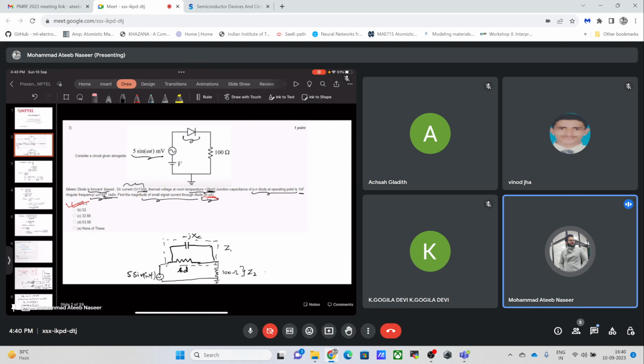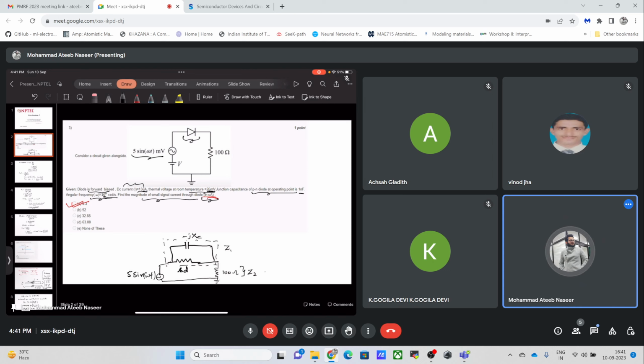And now we can find this RD value, which is the dynamic AC resistance associated with this PN junction diode, and we can find the capacitive reactance associated with this PN junction. So that's what we do.